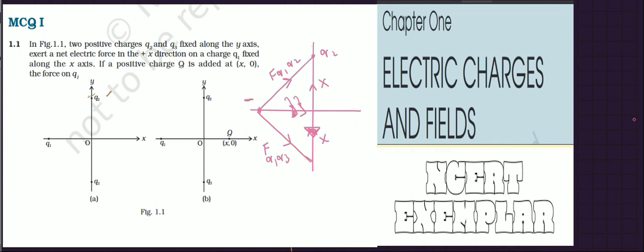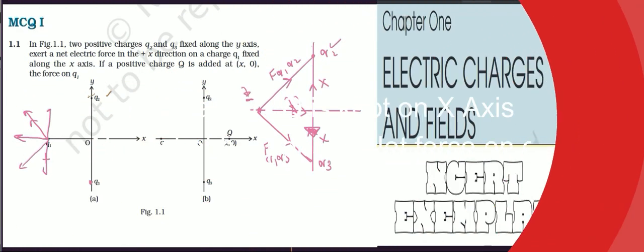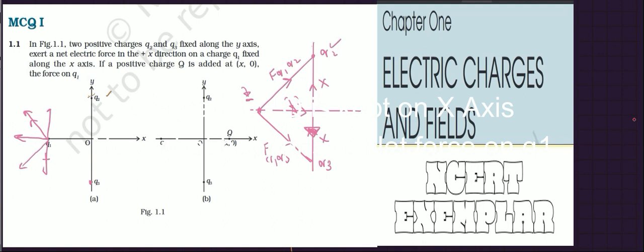It is experiencing attractive force from Q2 and Q3 respectively. We didn't know the sign of the Q1 charge, but now it is 100% negative, and we guessed it using the concept of vectors. Vector algebra added up to show that the net force is in the positive x-axis direction, and therefore it made sense that this charge is negative.